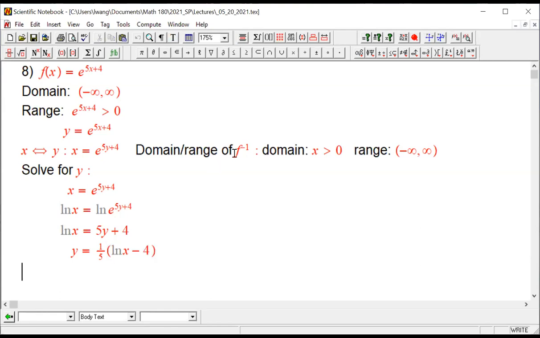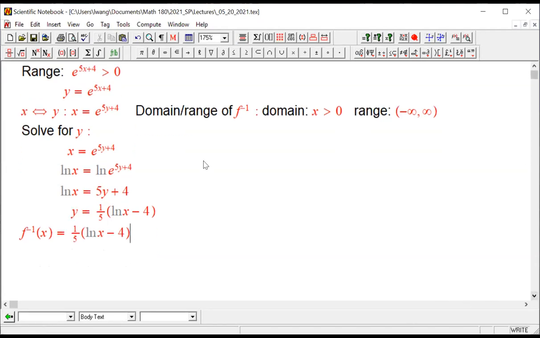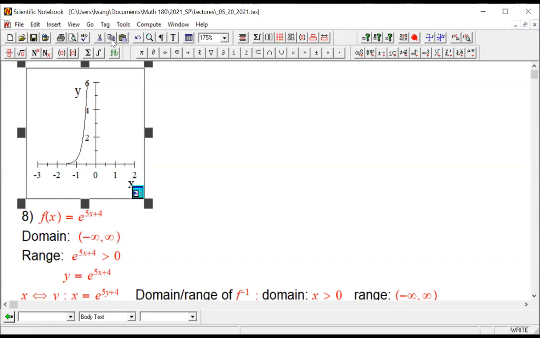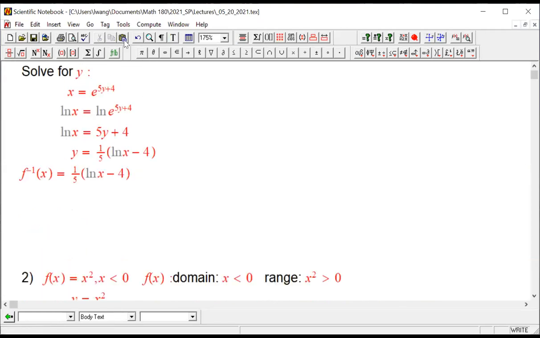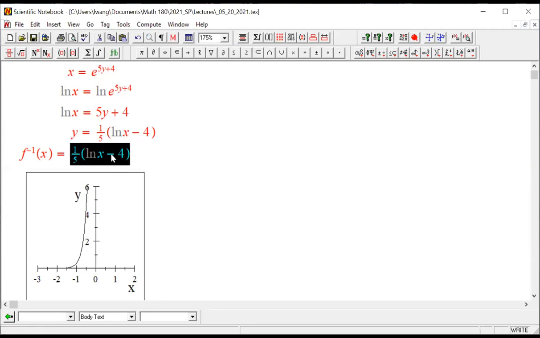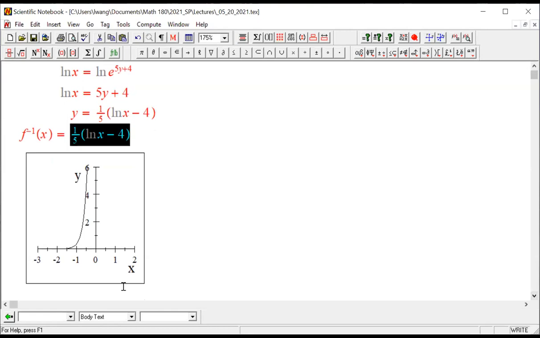And the final step, you're going to write it as f inverse of x equals 1/5 times ln x minus 4. So finally, let's look at the picture. We have this picture over here, and we're going to graph the inverse function in the same picture.